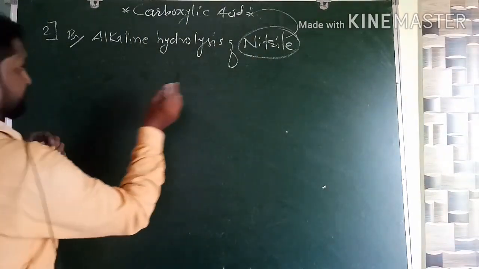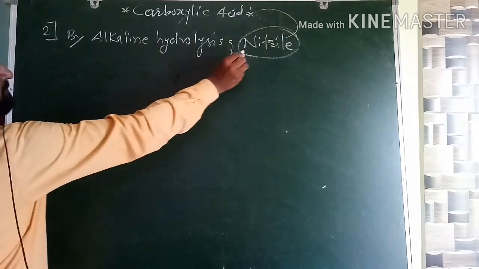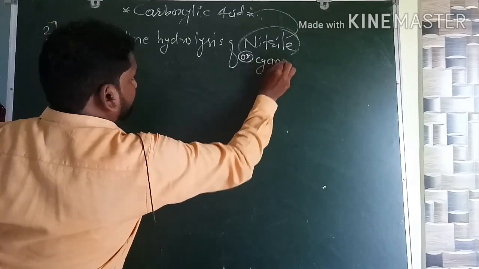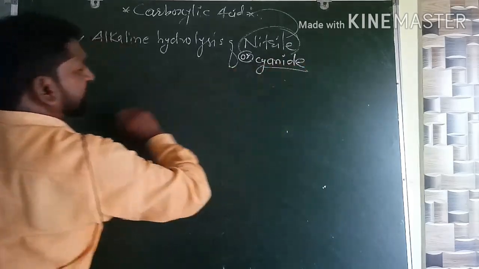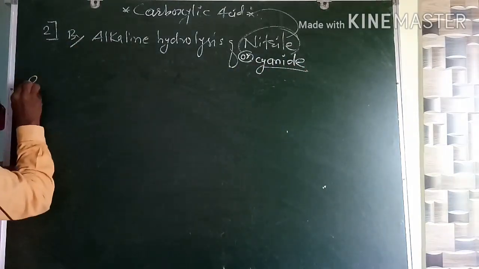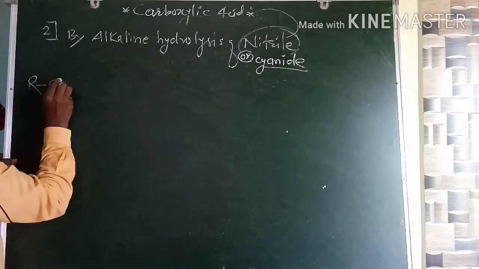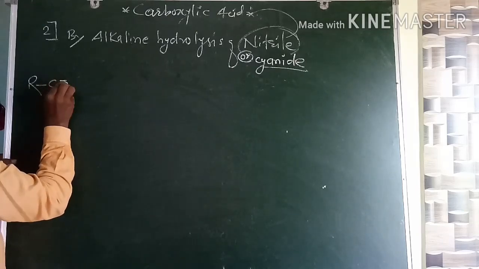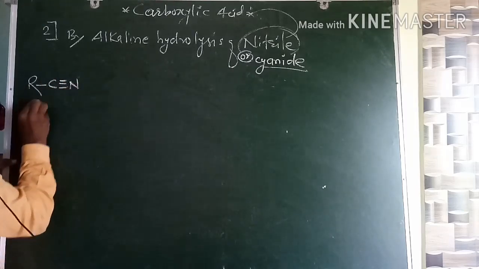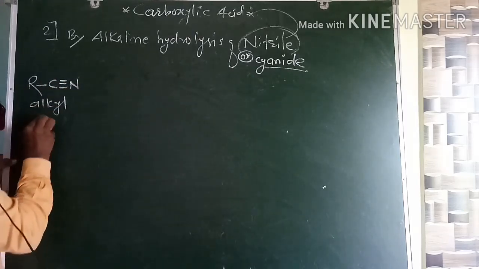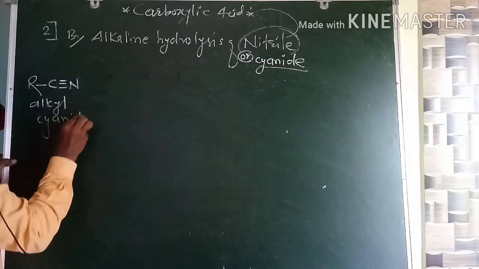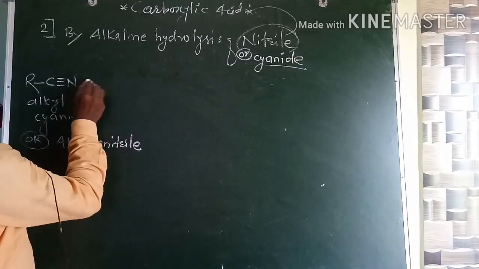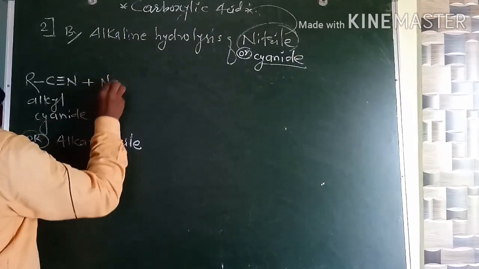Nitrile, optional name cyanide. The structure is like this: RCN. You can write it in another way, R C triple bond N, the alkyl cyanide, or by its IUPAC name.